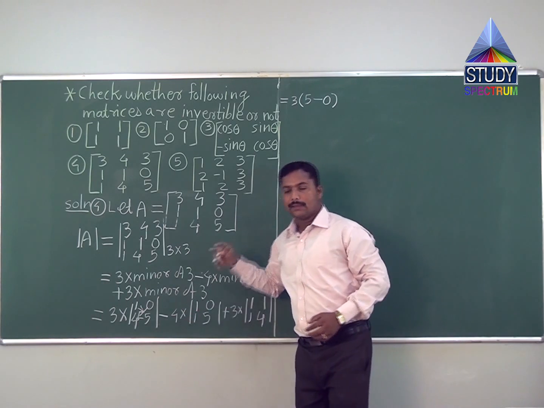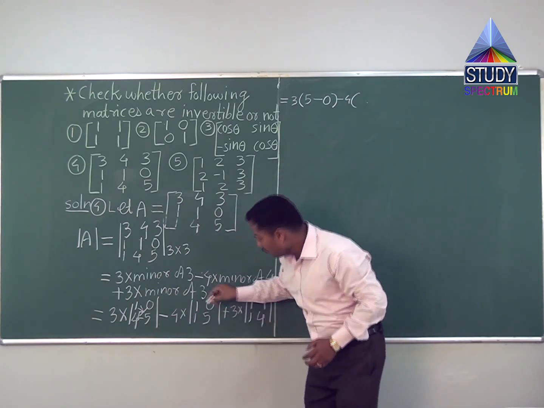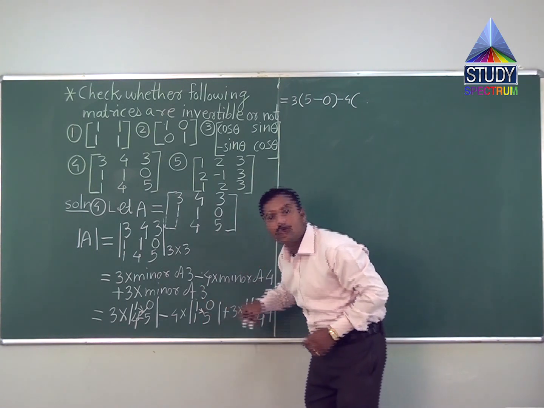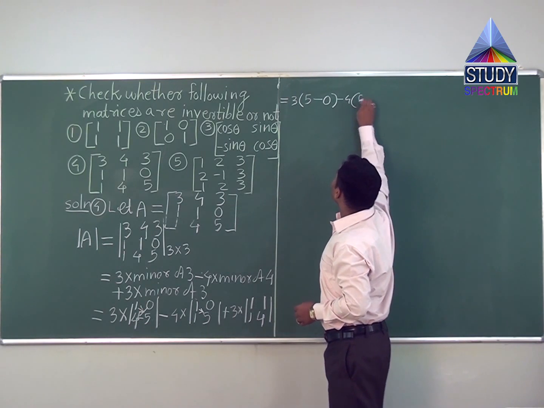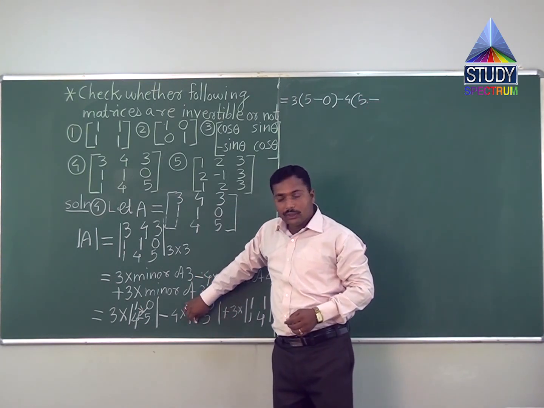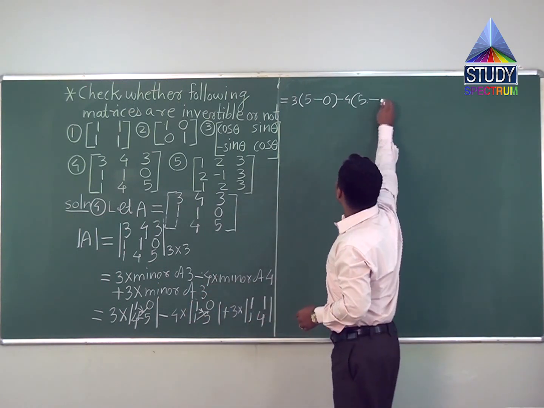Minus 4 into bracket, again 1 into 5 minus 0 into 1, again 0.